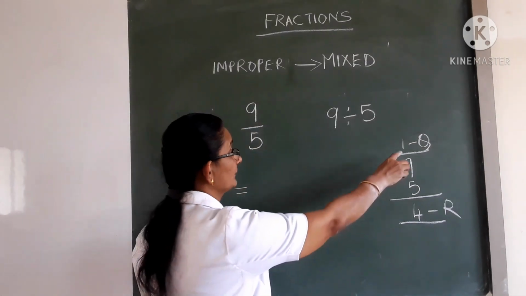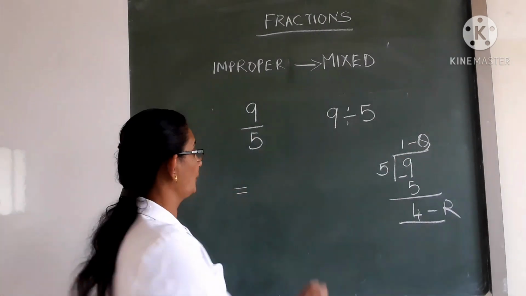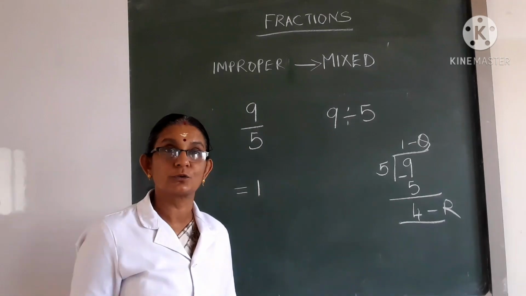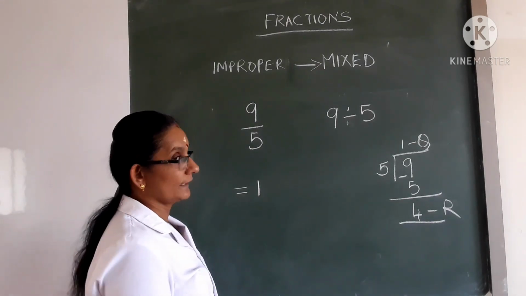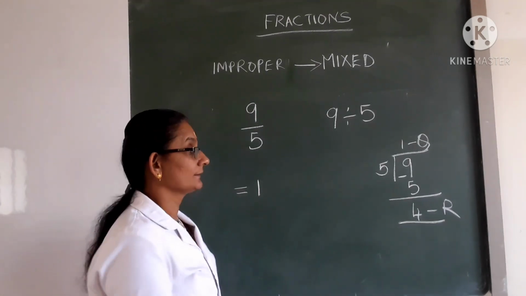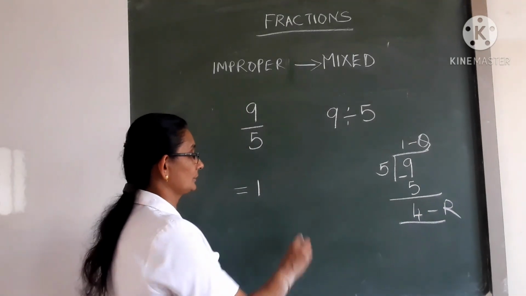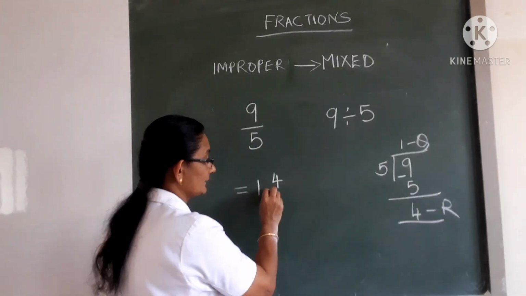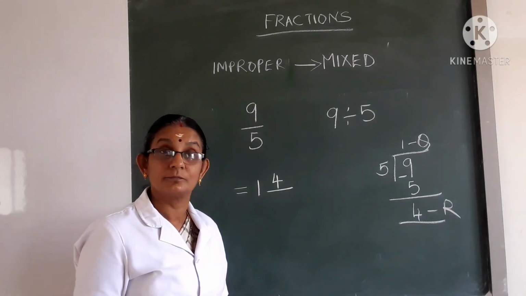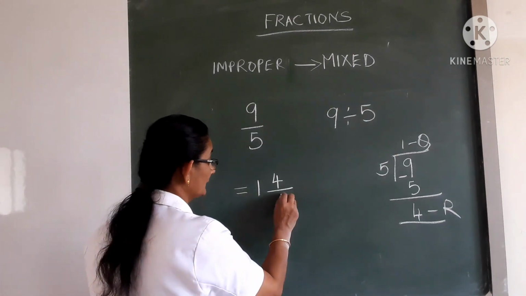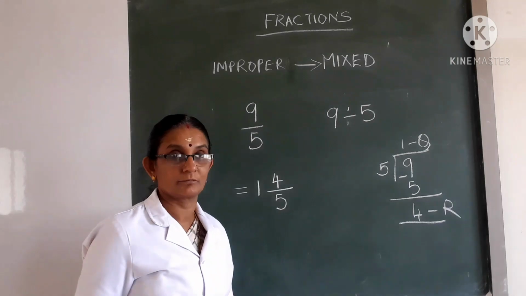Now children, write first the quotient 1, and then write the remainder 4 and the denominator, which is the divisor, 5.